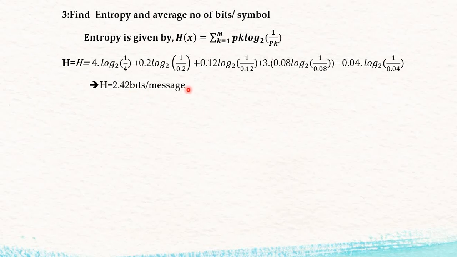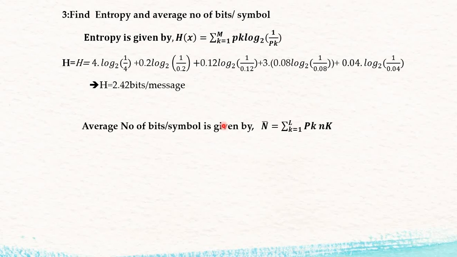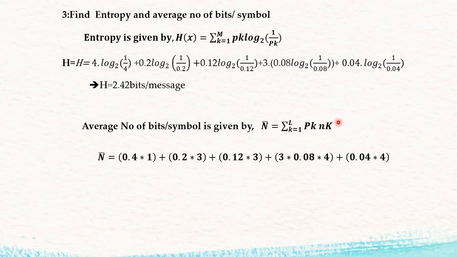Once the entropy is found, we go for the second step, finding the average number of bits per symbol. It is given by pk into nk, and for each value of probability we have found the respective number of bits. So we just have to put in all those values. For 0.4 the number of bits is 1, for 0.2 the number of bits is 3, for 0.12 the number of bits is 3.